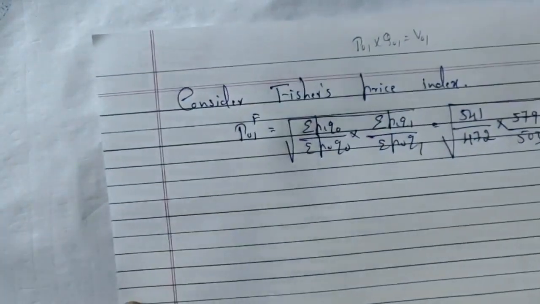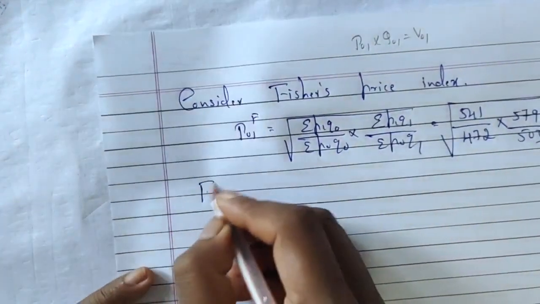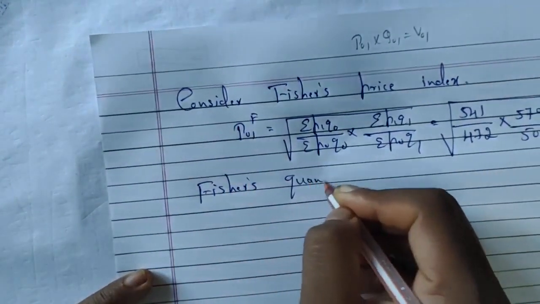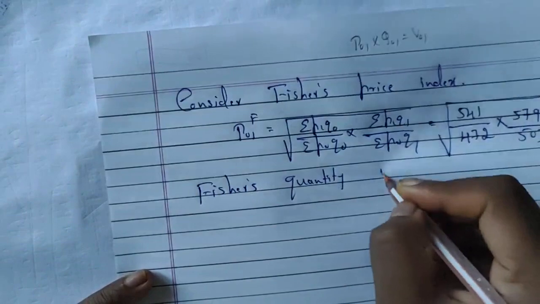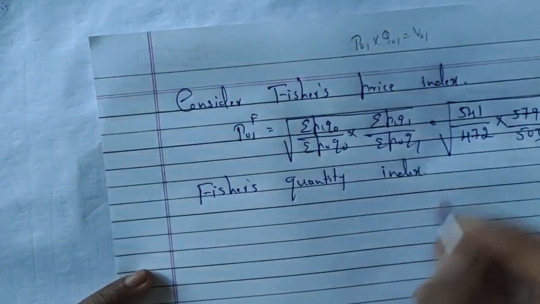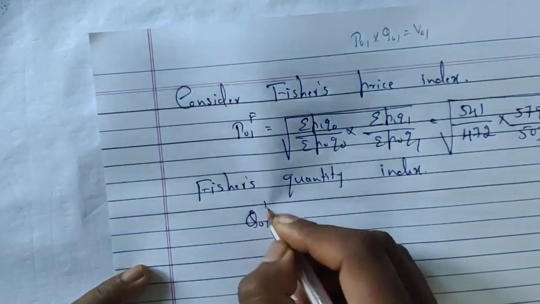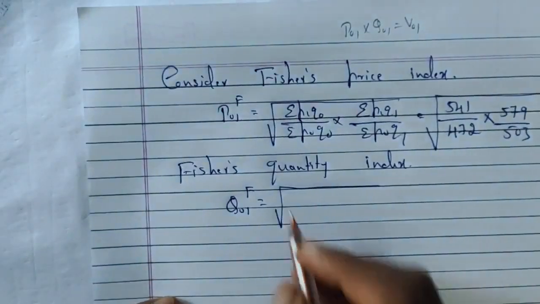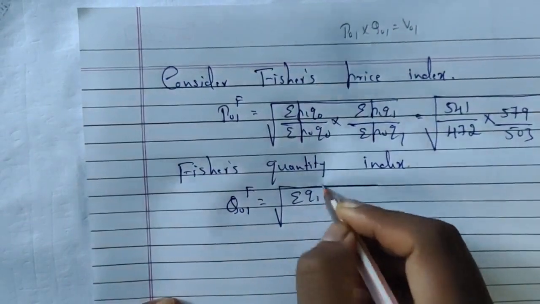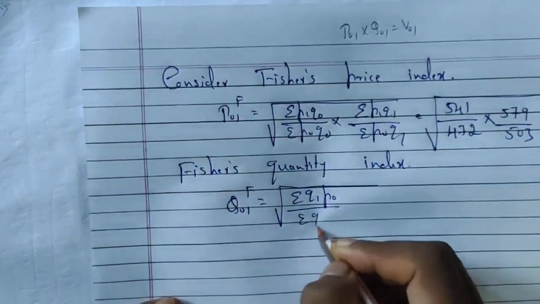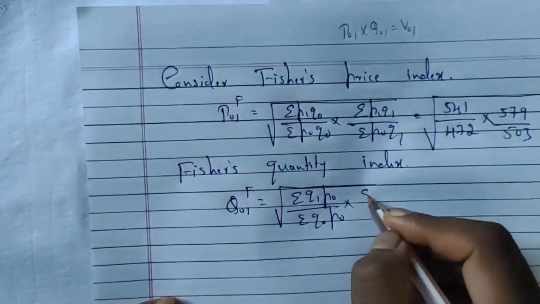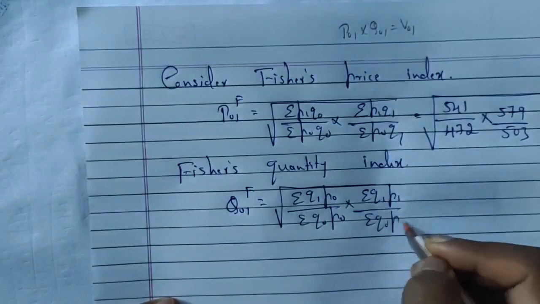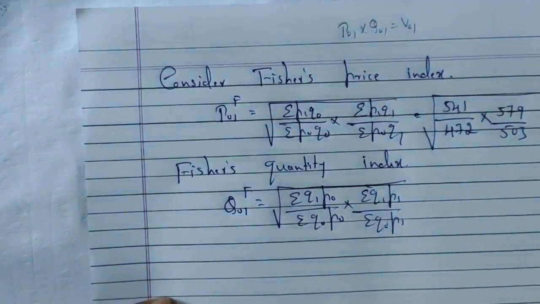Now next, Fisher's quantity index. Q01F equal to square root of, first write the formula, summation Q1 P0 by Q0 P0 into summation Q1 P1 by Q0 P1.